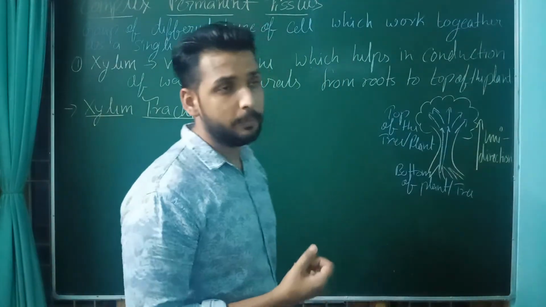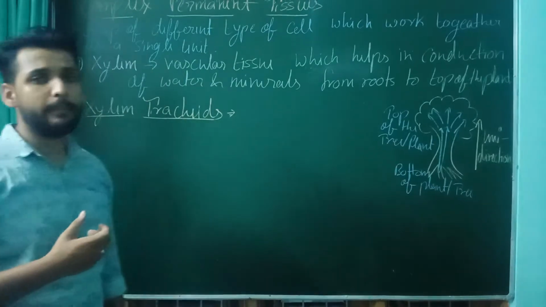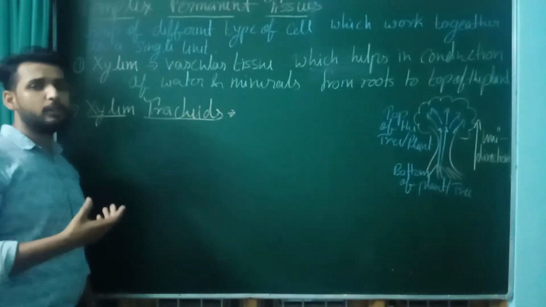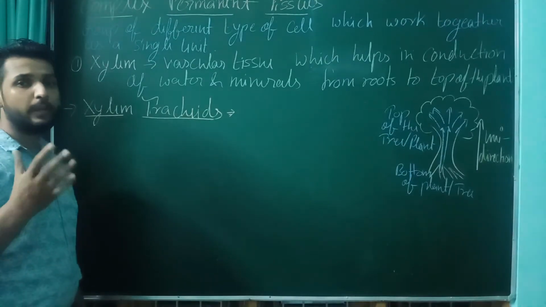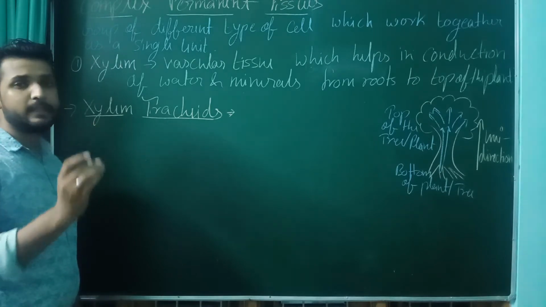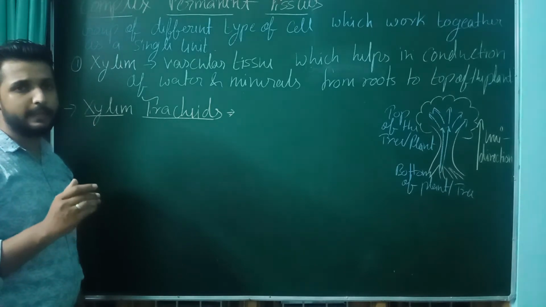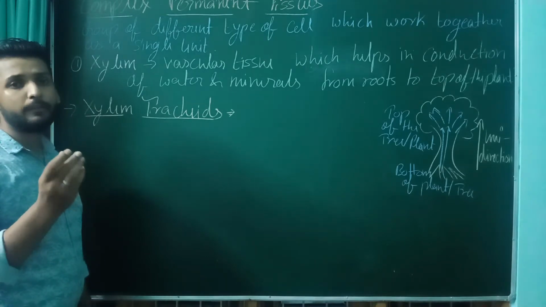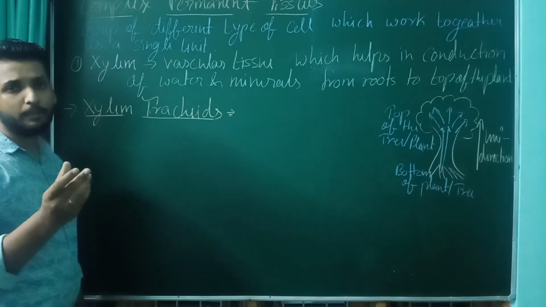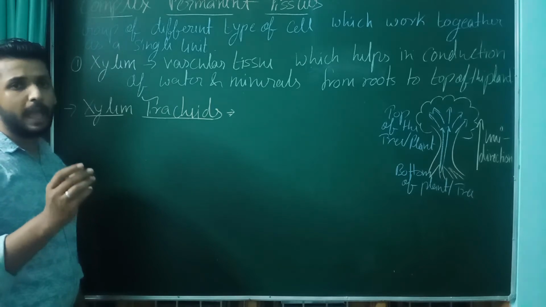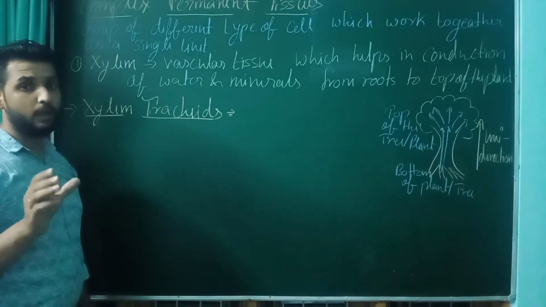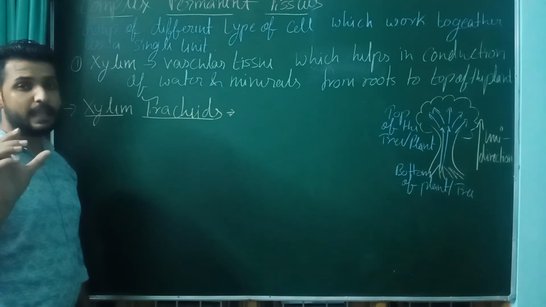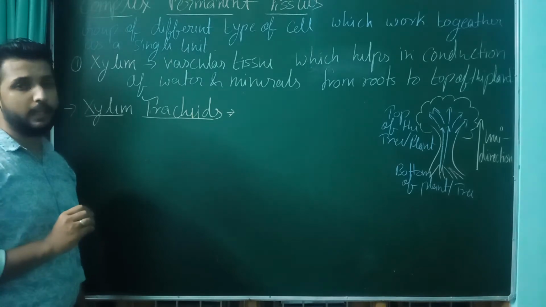As for shape, it is tapering from both sides. It has tapering ends and is broad in the middle portion. It has a broad lumen and a thick cell wall filled with lignin.